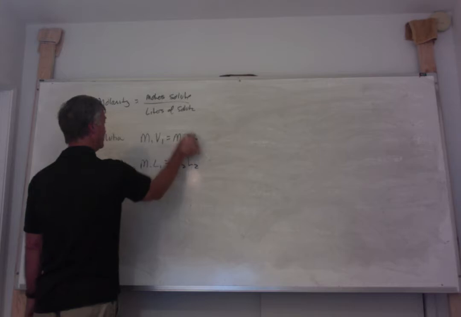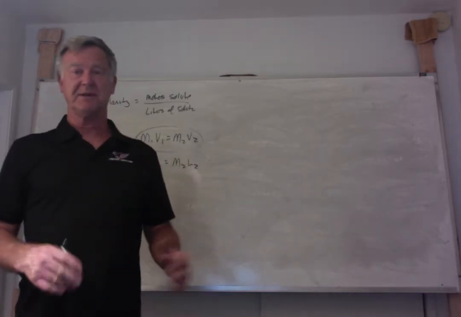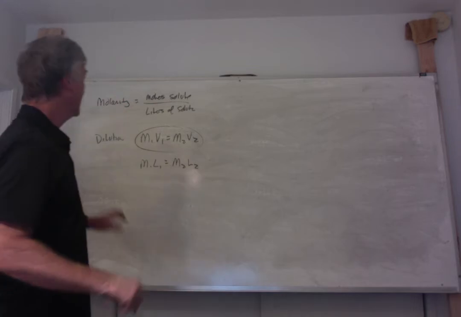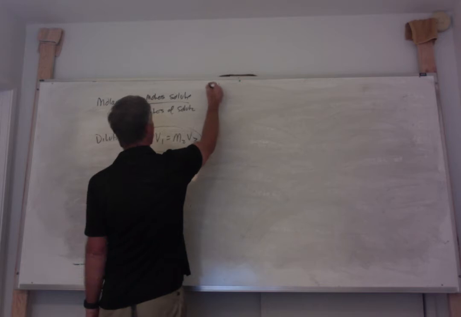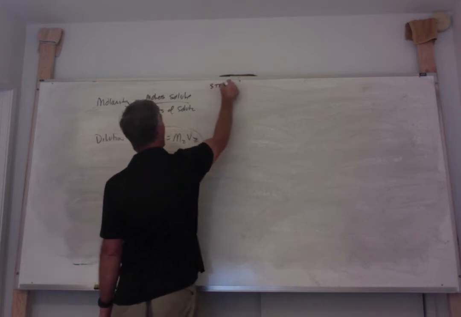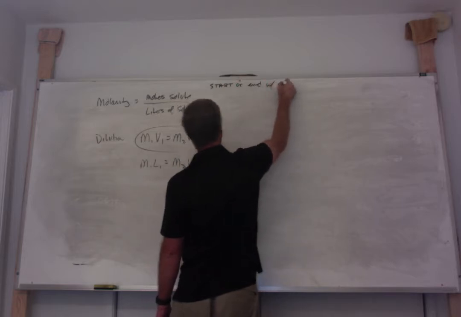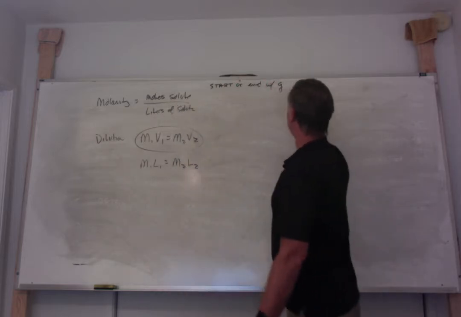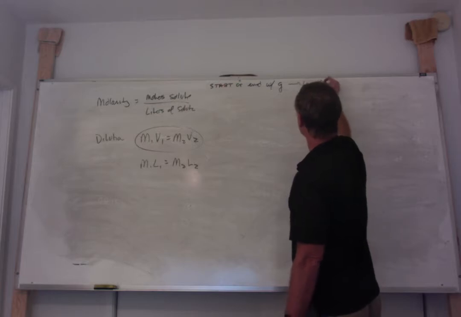This actually is a more useful equation because you don't have to change it from milliliters. You could leave it in milliliters, but that would be that. So remember that if we start or end with grams, and we're doing a problem that has molarity, the very first thing or the last thing will be convert to moles.